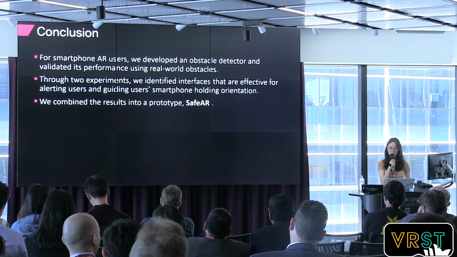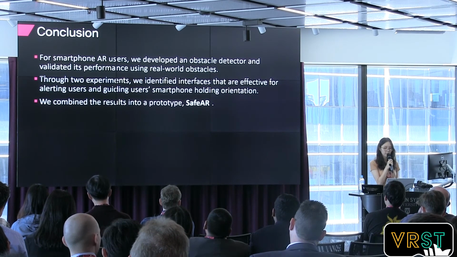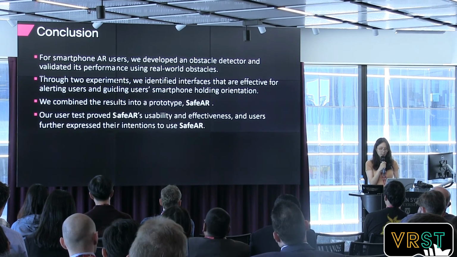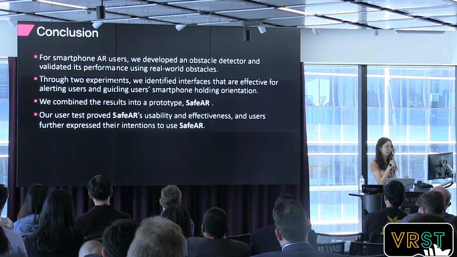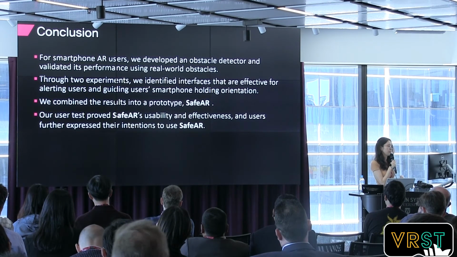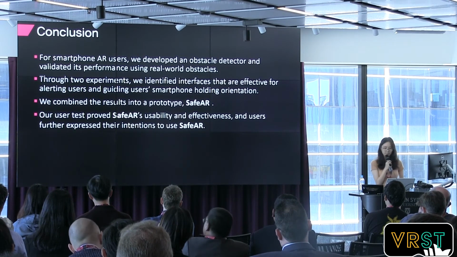Then we combined the results into a prototype called SafeAR. And our user test proved that SafeAR is in fact very usable and effective, and users also expressed their intentions to use this system.